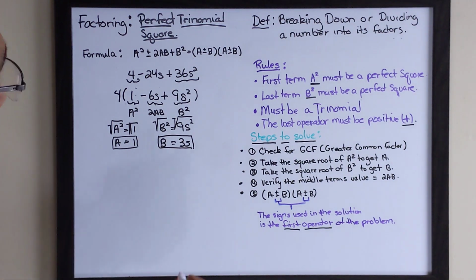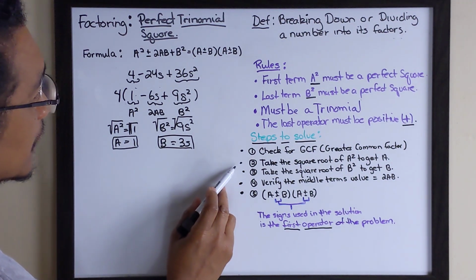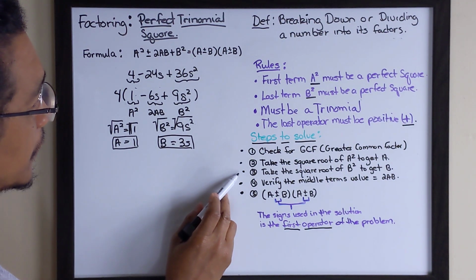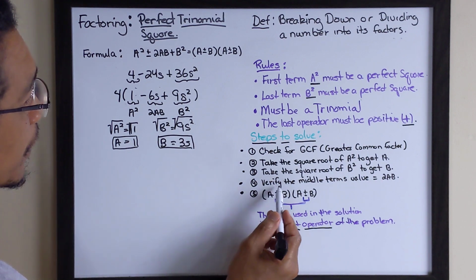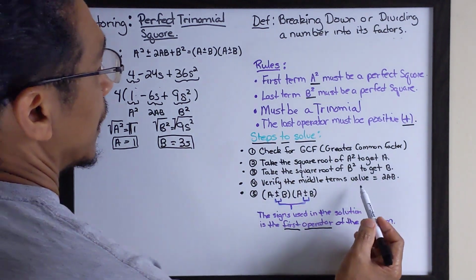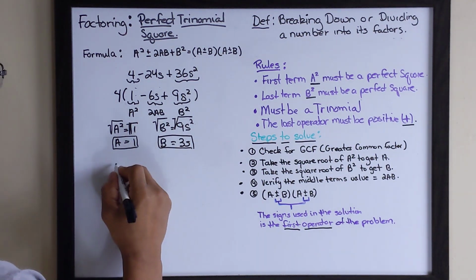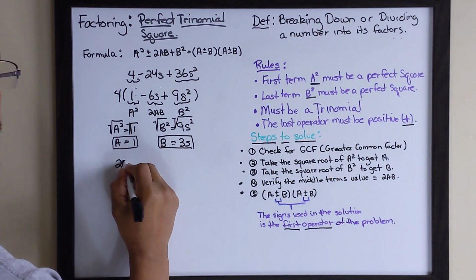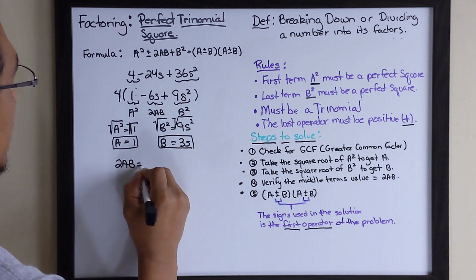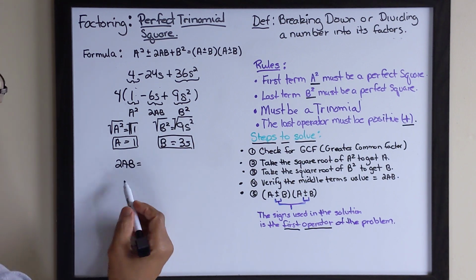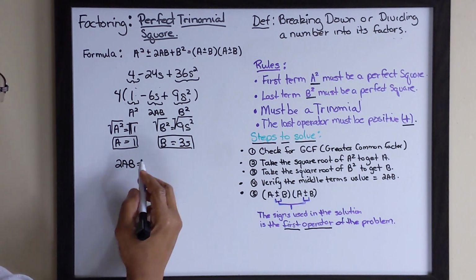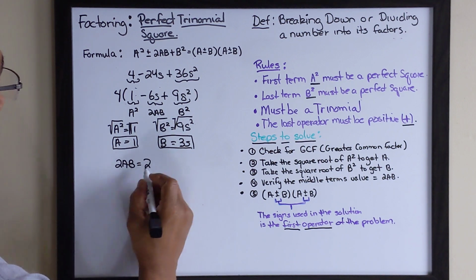So we've gone through step 1, step 2, step 3, and now we're going to look at step 4. We're going to verify that the middle term is equal to 2ab. All it's saying is that my middle term equals 2 times a times b. Let's check and see. Here's the 2 from the formula.